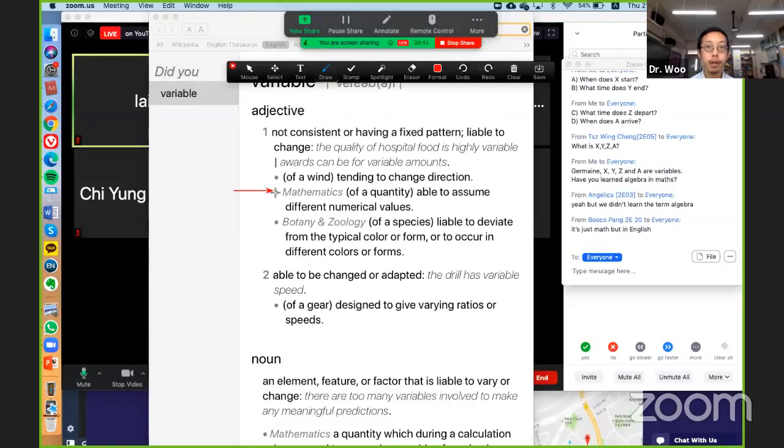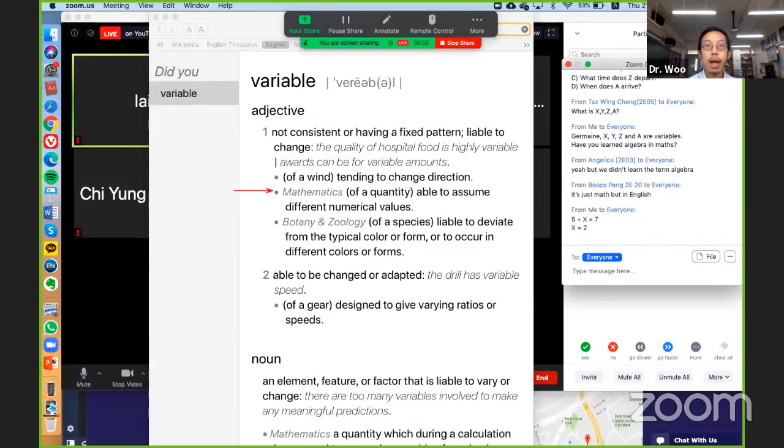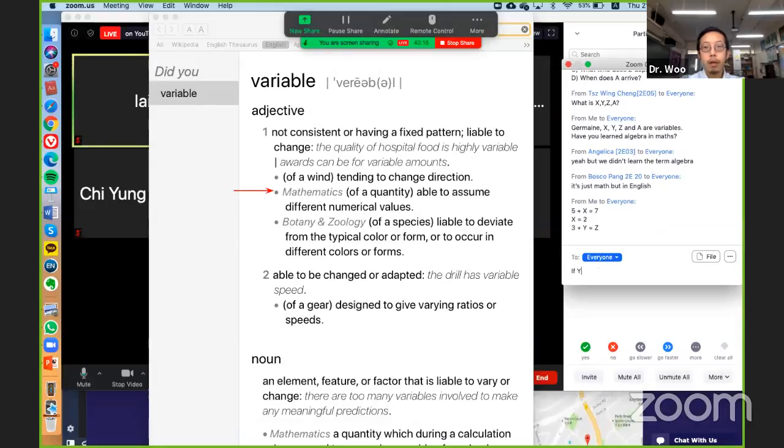So, for instance, in the equation 5 plus x equals 7, x equals 2. X is the variable. If we plug in another equation, 3 plus y equals z, if y equals 4, z equals 7.